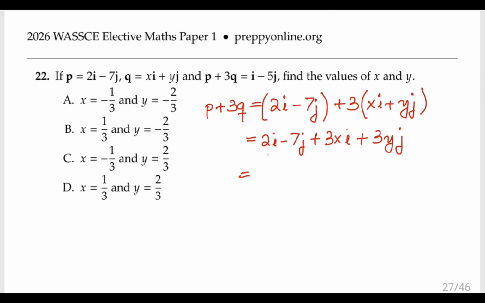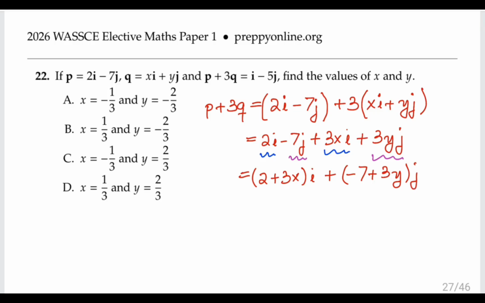For the i's, we have this one and this one, and for the j's, we have this one and this one. So putting them together, we get 2 plus 3x for the i's, and for the j's, we have minus 7 plus 3y.